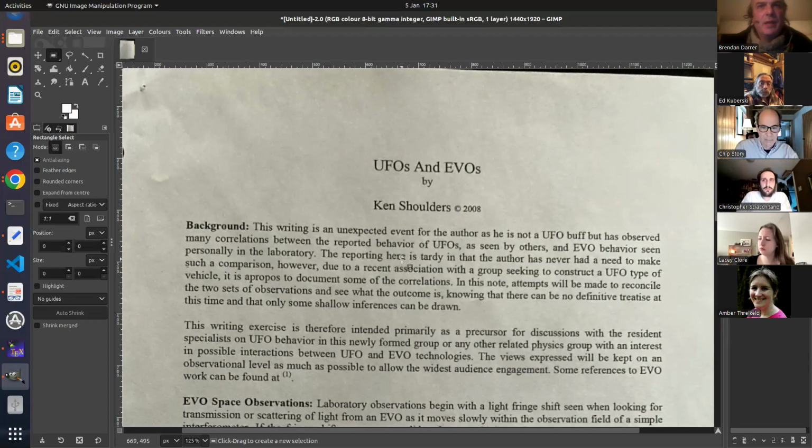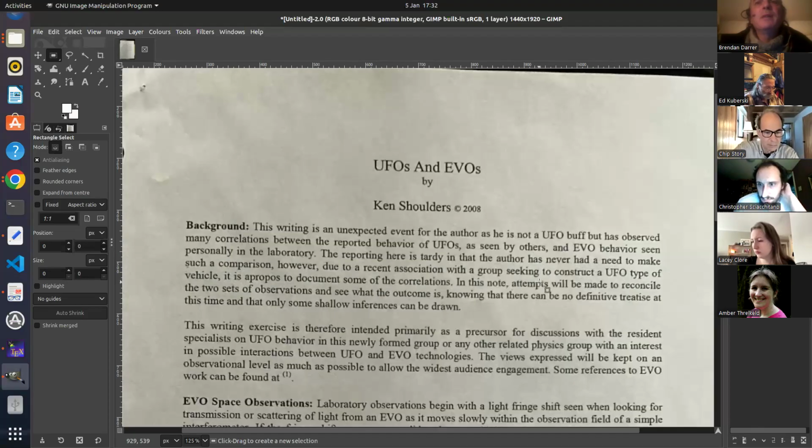The reporting here is tardy in that the author has never had a need to make such a comparison. However, due to a recent association with a group seeking to construct a UFO type of vehicle, it is apropos to document some of the correlations.